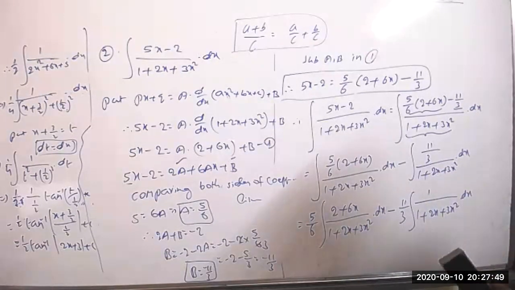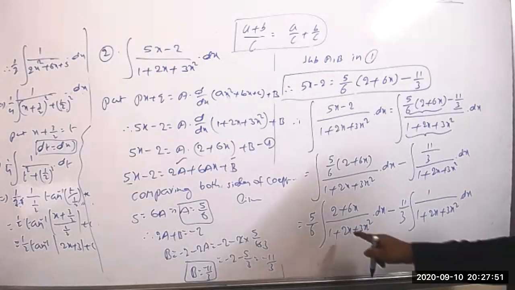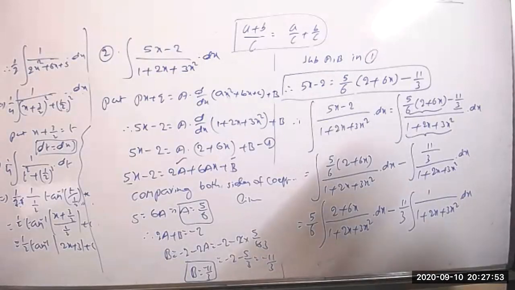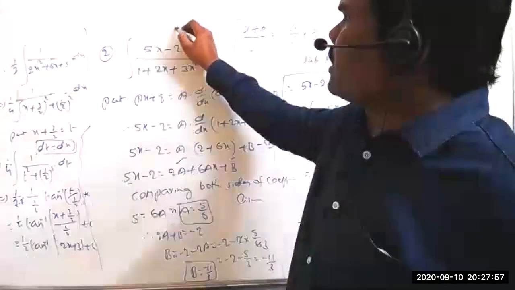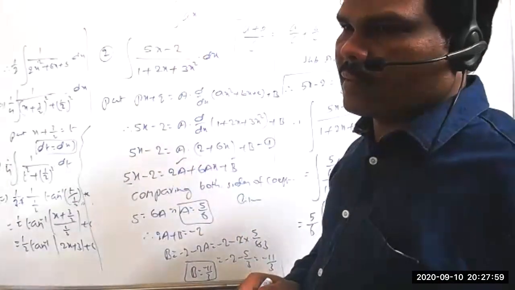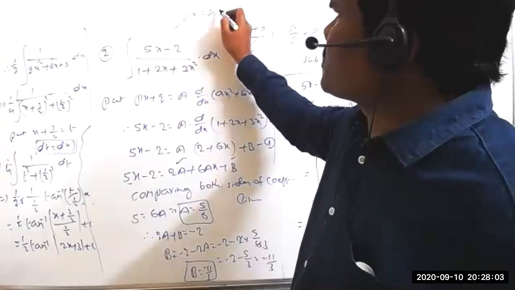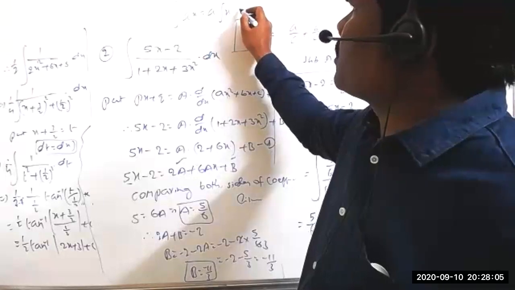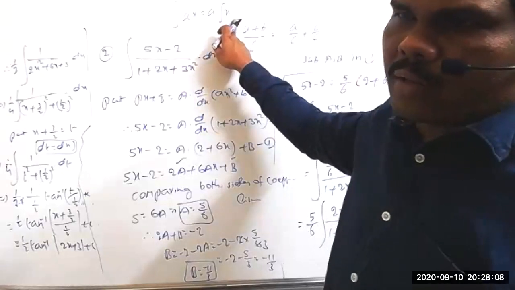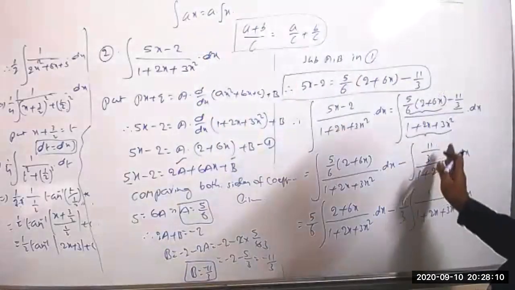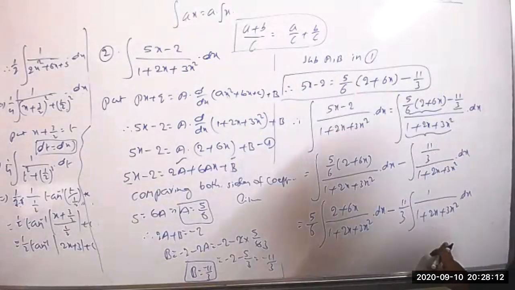It's fine now? You can see the constant value should be outside, sir. Yes, on constants always, obviously we know that. Suppose you take the integration of a into x, a is the constant, so you can write this as a into integration of x. Understood? The same thing here also, the constant value you can take outside, and the remaining you can write.